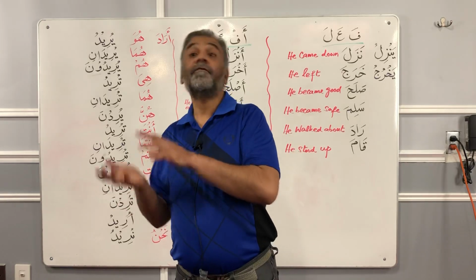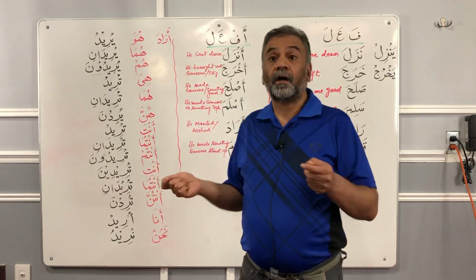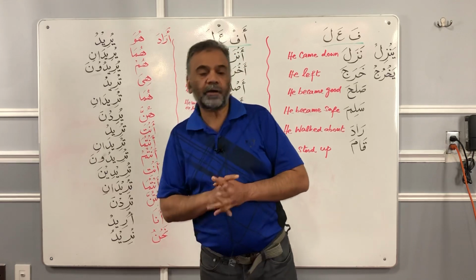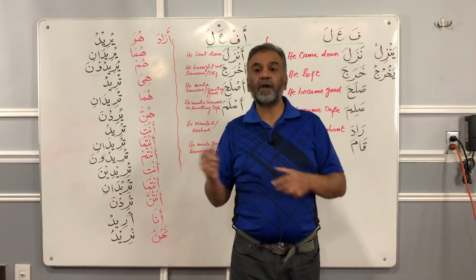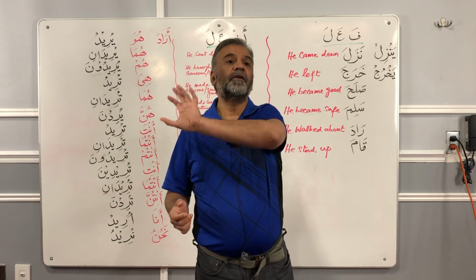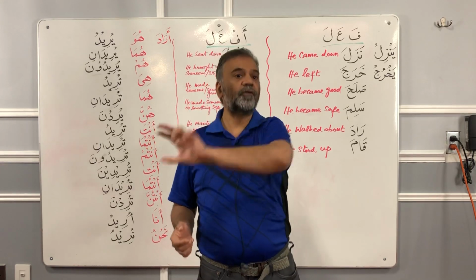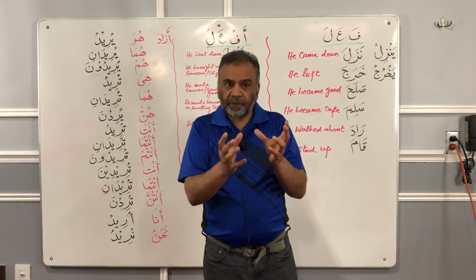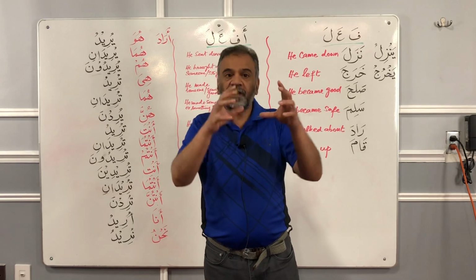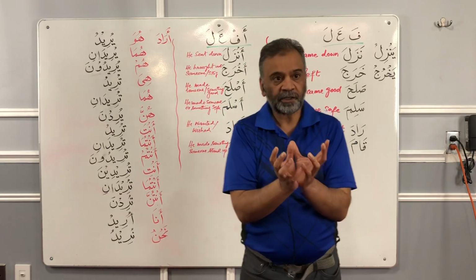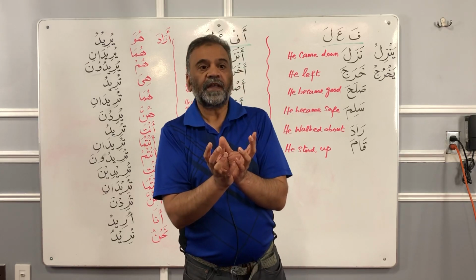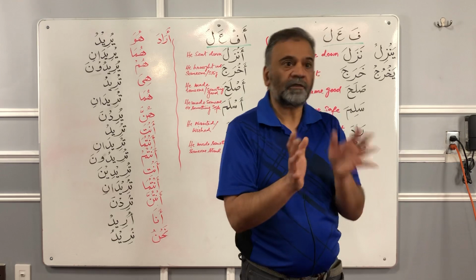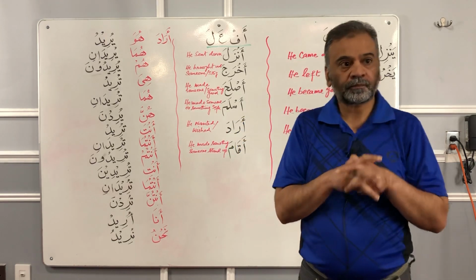Similarly, form 2 is fa'al. I will probably do it later. There are 10 forms. So every single time a verb flows from one form to another, its meaning changes a bit, and the environment and the emotions change a bit, right? And that's when we will understand the emotions of Allah subhanahu wa ta'ala in the Quran.